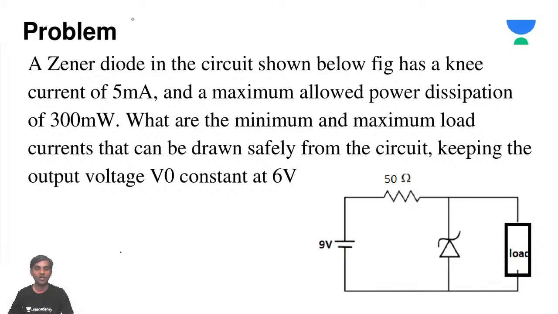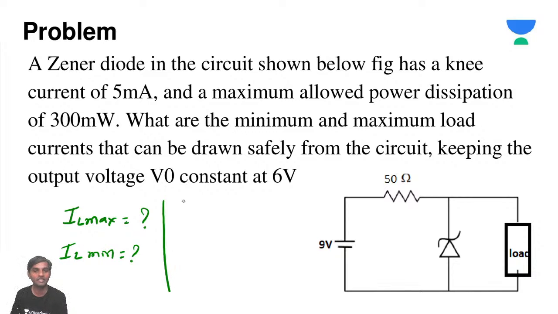This is almost the same, but he's asking us to calculate the load current, IL maximum and IL minimum. So he's asking for these two values. What is the given data?